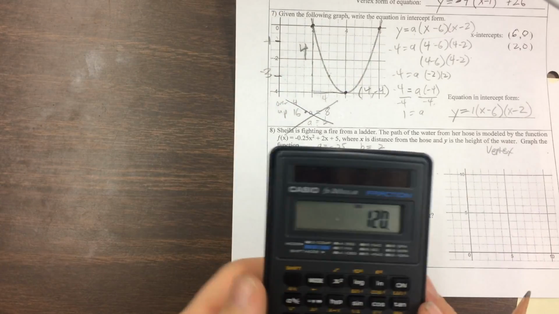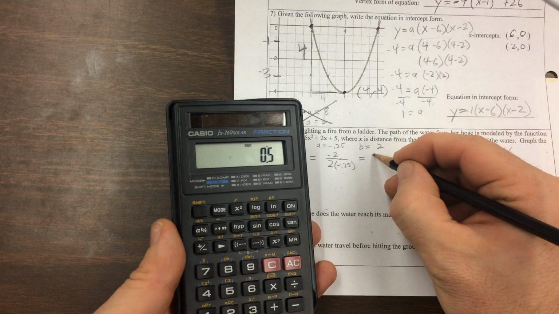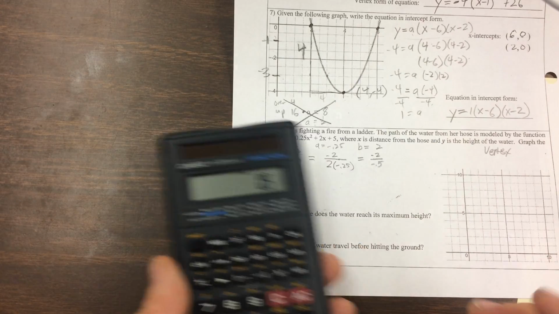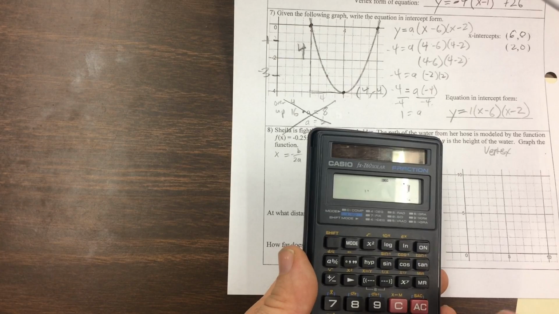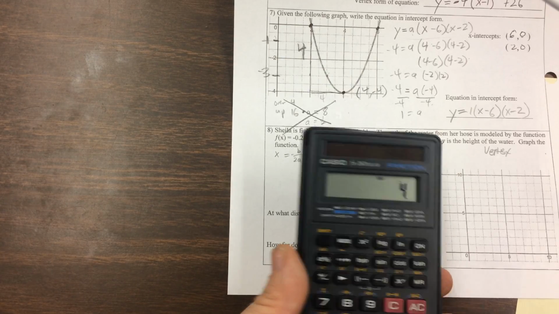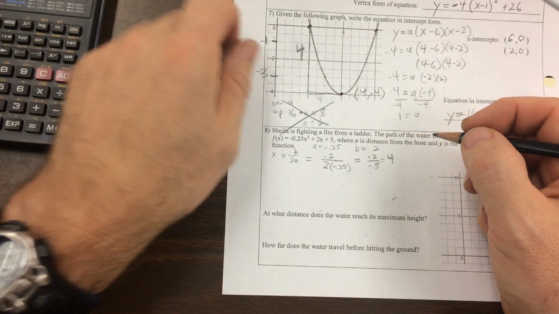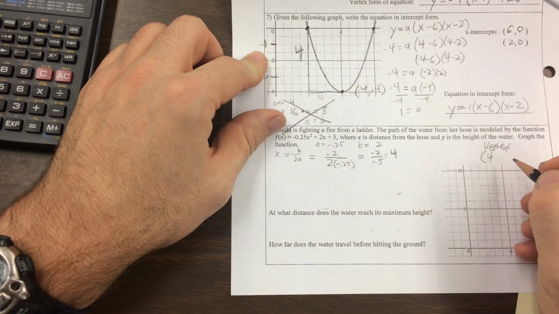Okay, so 2 times 0.25 is 0.5, so that's negative 2 over negative 0.5. So I've got 2 divided by 0.5 is 4. So that's my x value for my vertex.